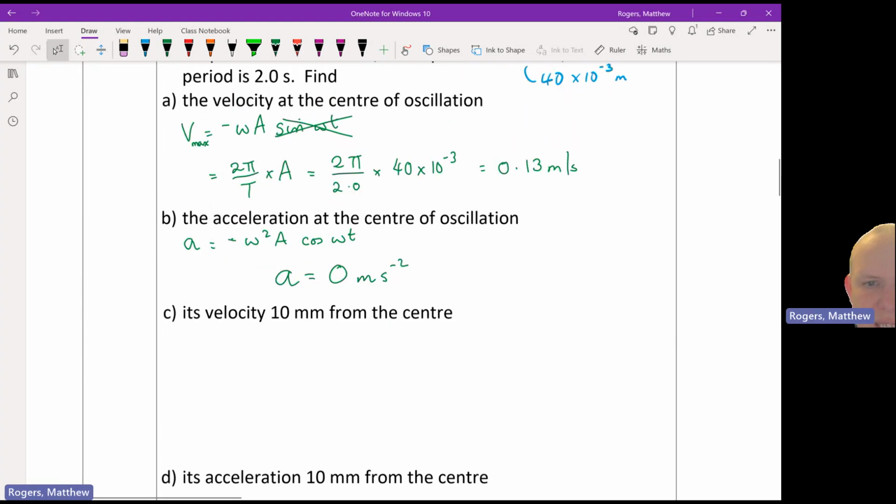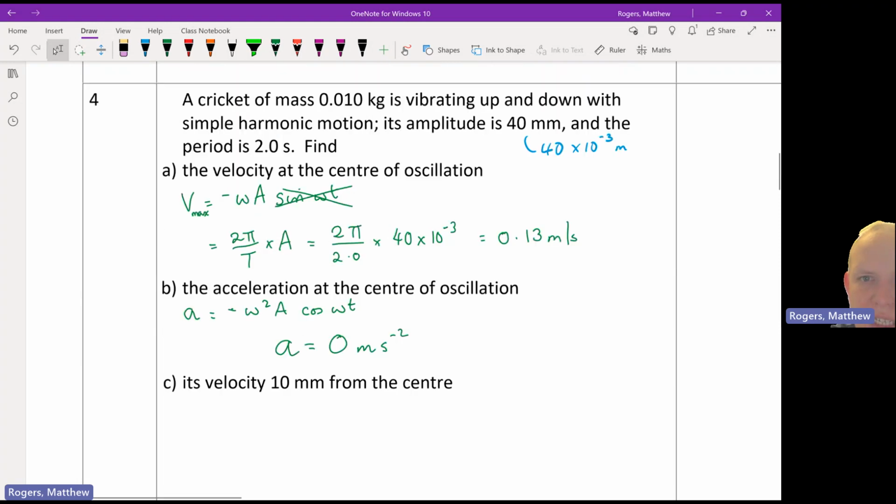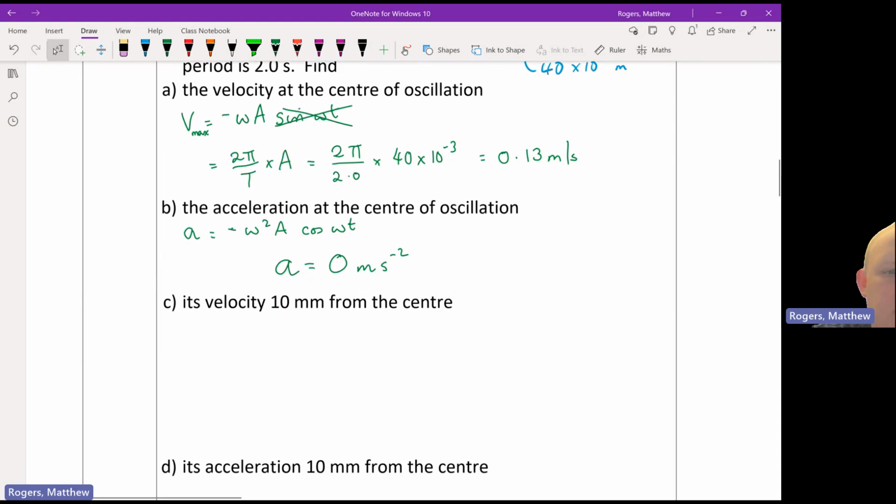Part C, it's velocity 10 millimeters from the center. So this is a bit harder. The only way of solving this is to find the time at which it's at this position, and then from that use the velocity equation. So we're going to start with the displacement equation and solve it to find the time at which this happens.